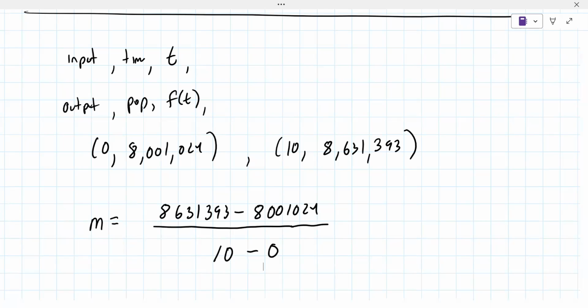All right, so go ahead and calculate that. I'm going to do the same. The numbers do matter, so let's make sure we get them right. 8, 6, 3, 1. Did I miss a 0? No.